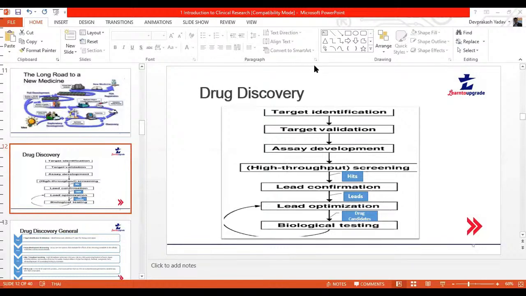Receptors, tumor, fine. A tumor is like a particular cell of the body, and a particular receptor, an organ-specific target, that is correct. What else do we have? Specific drug molecule? No, a drug molecule is not our target. Our target is basically our body part. Gene.